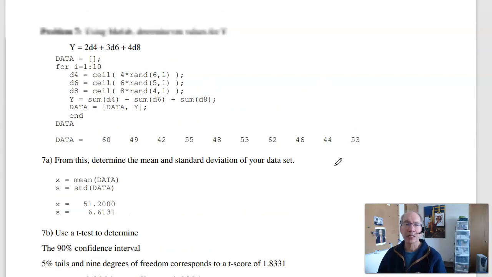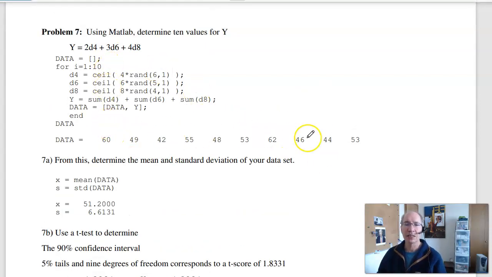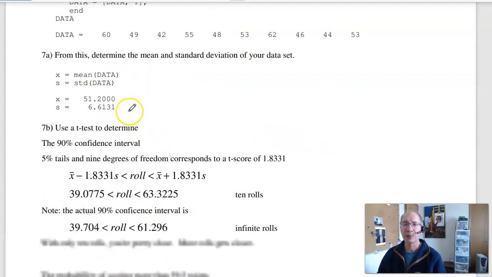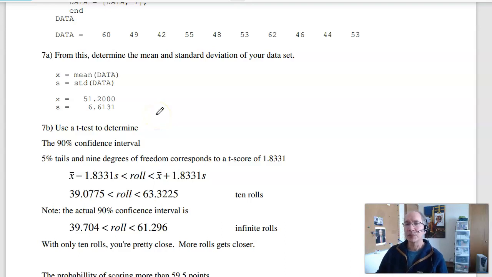If I collect more data, in this case 10 data points, and repeat, I've got a mean and standard deviation. Now, with 9 degrees of freedom, meaning 10 data points, 5% tails happen at 1.833 for the t-score. So go left and right 1.833 standard deviations. Pretty close to what the actual answer is.